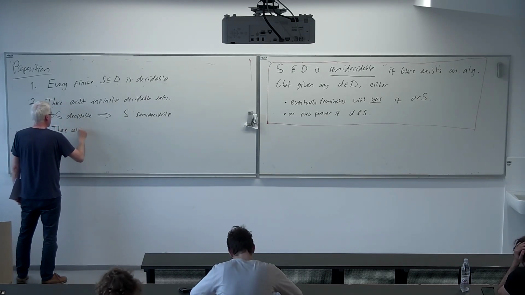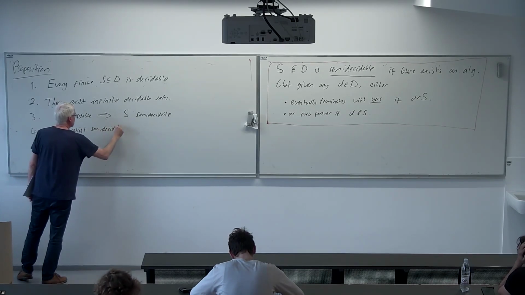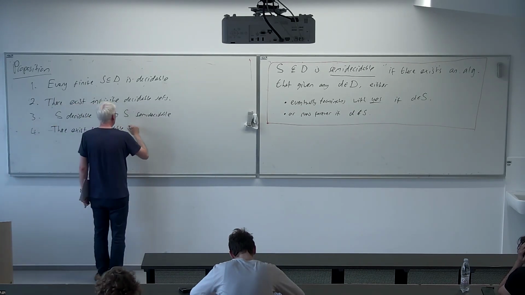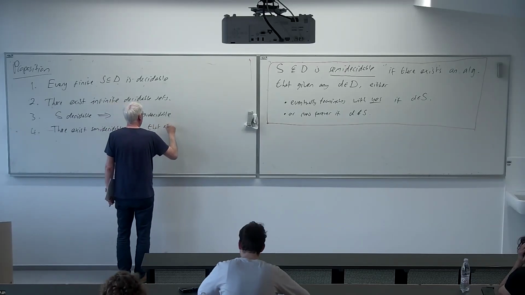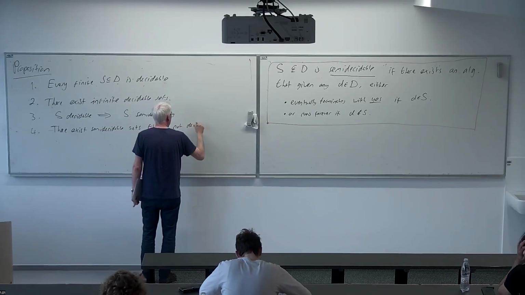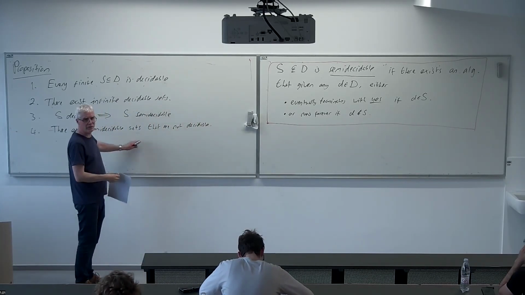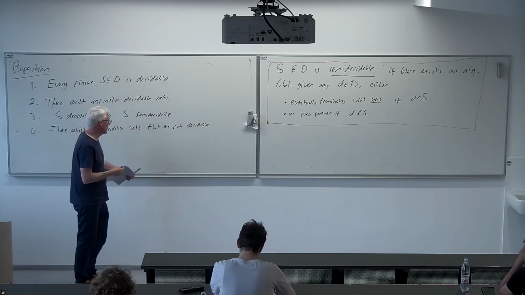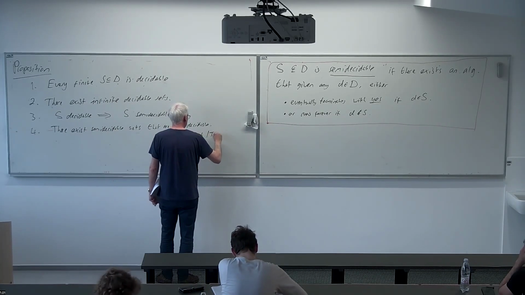There exist semi-decidable sets that are not decidable. And this is like the first important result of computability theory, basically using a technique called diagonalization. And this was proved independently by Church and Turing.